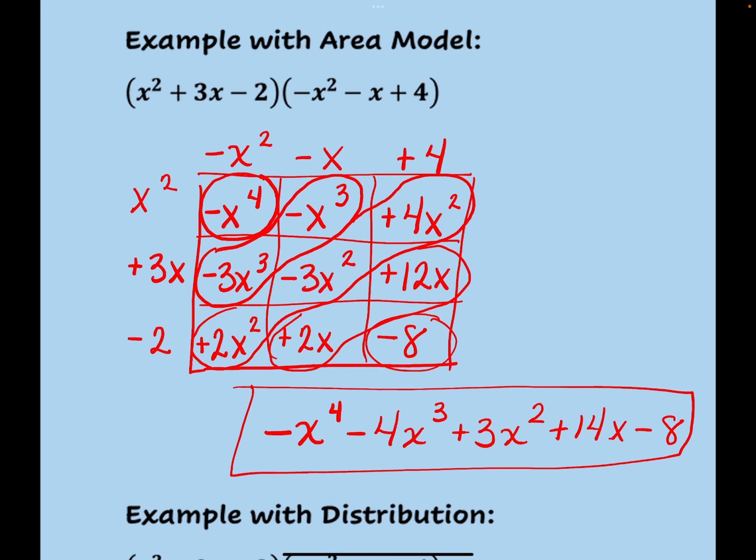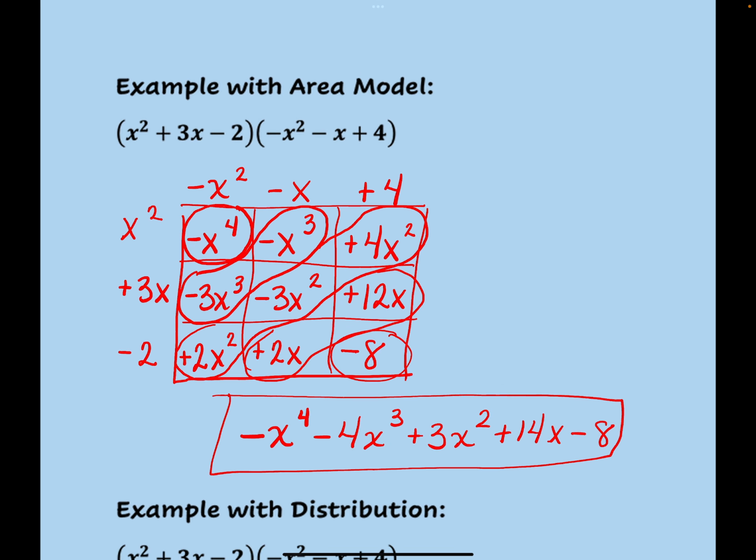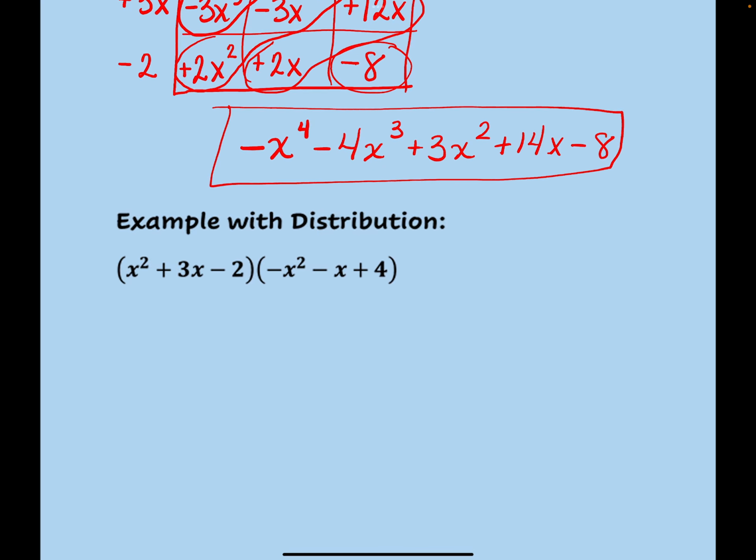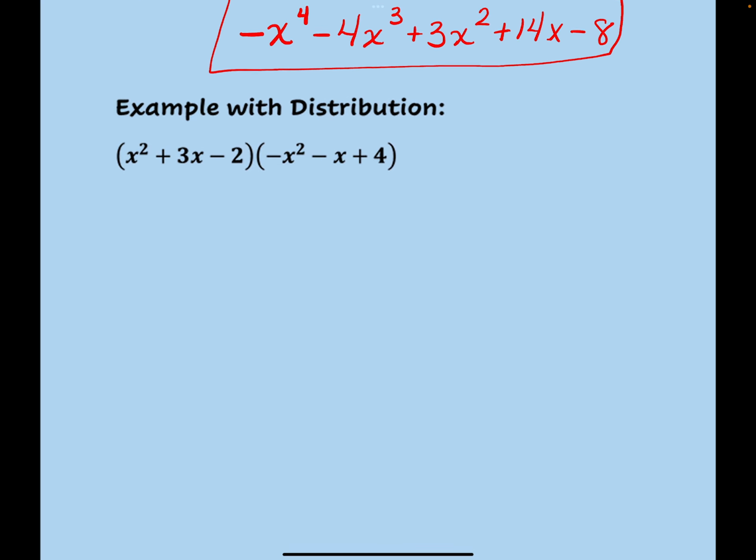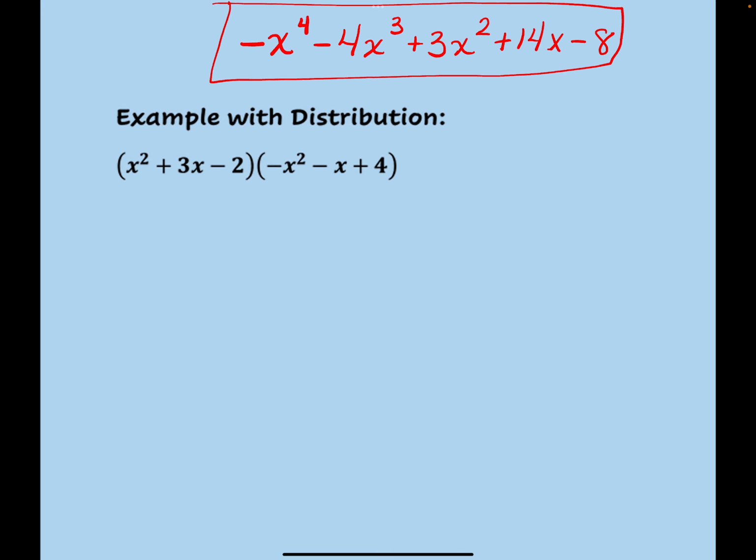Let's go ahead then and do that with distribution. Again, you'll want to have a pencil when you're doing this because there's just going to be a lot of lines here. All right, so I've got x squared times negative x squared gives me negative x to the fourth. x squared times negative x gives me negative x to the third. x squared times 4 gives me positive 4x squared. Okay, now let's do 3x times negative x squared.